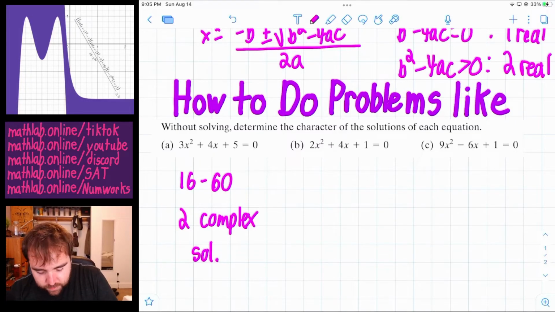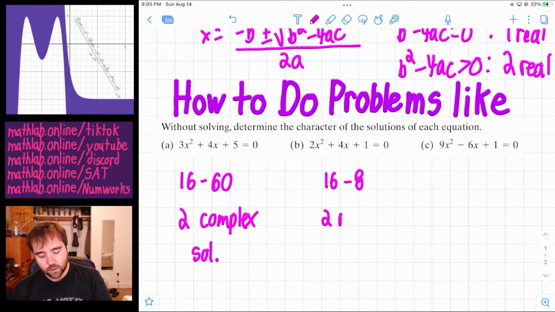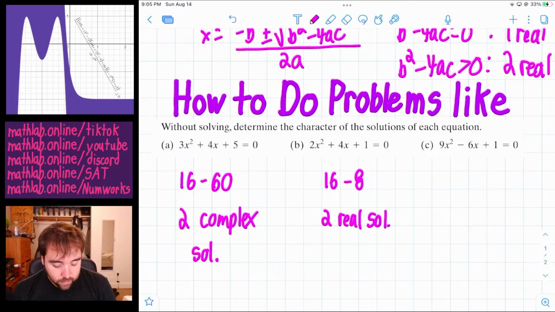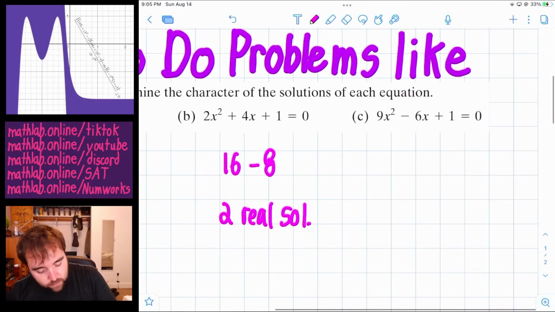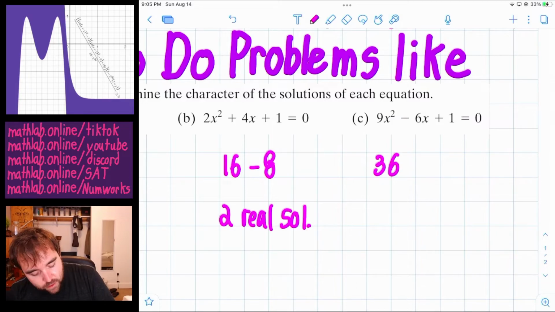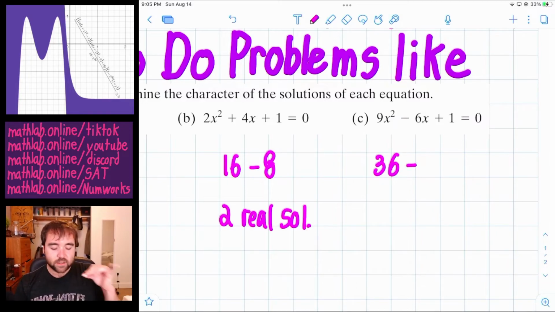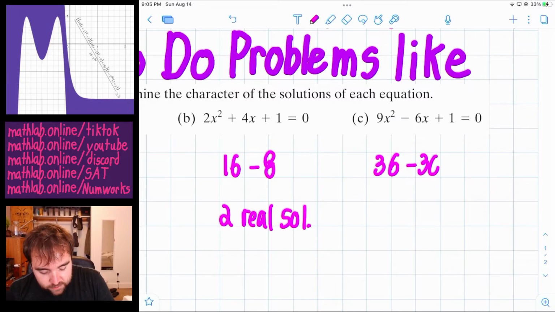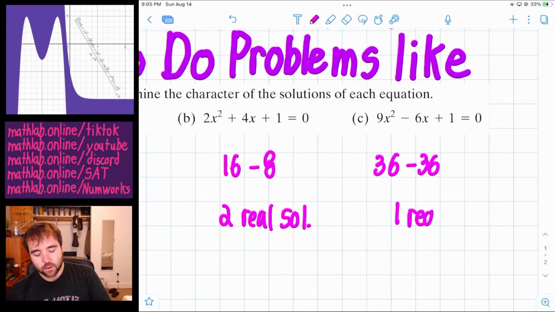Next one, b squared minus 4 times 2 times 1. That's positive. So there's two real solutions. And then it looks like this is going to be the good one. B squared minus 4 times 9, 36 times 1, 36. That is 0. So there's one real solution.